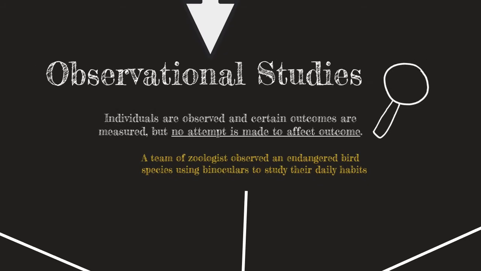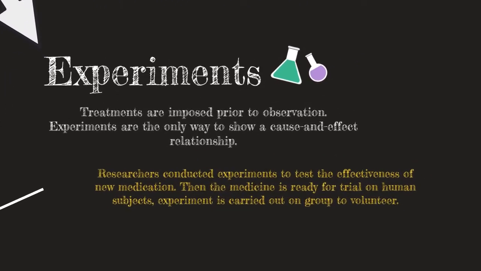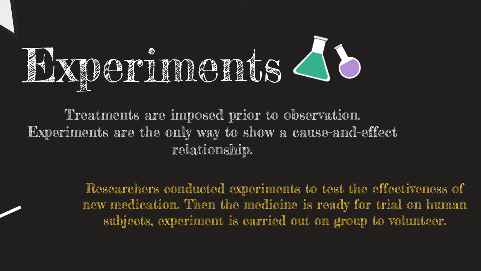A third way to collect data is something known as experiments. Now, in experiments, treatments are imposed prior to observation. Experiments are the only way to show cause and effect.